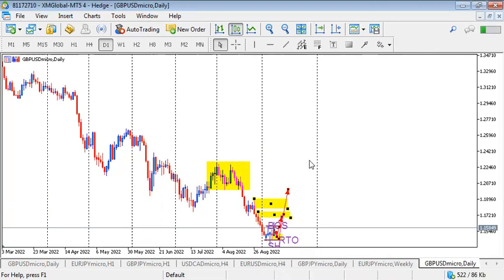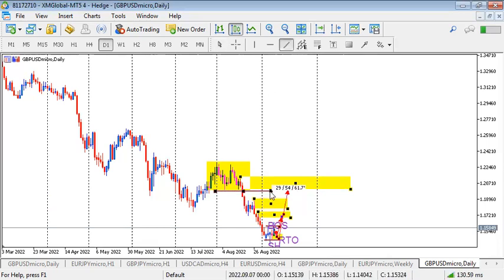A reversal. So most likely, price can move to this upside and mitigate this last bullish candle before the move that took out this low, and this low.